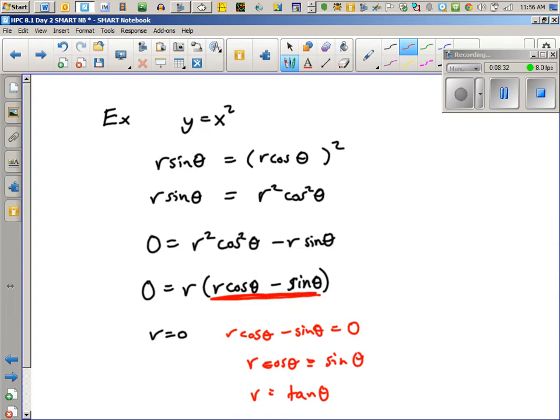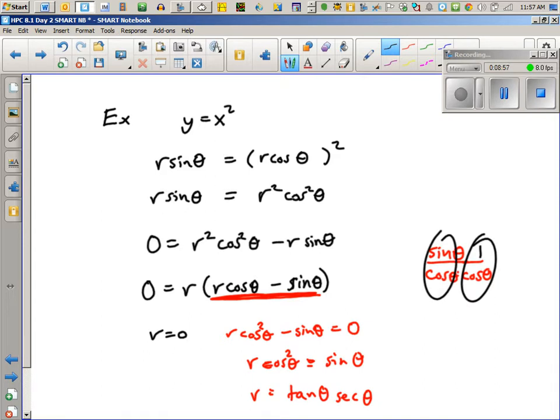I have no idea. You're right. This is a cosine squared, not a cosine, isn't it? So it's actually tangent secant. When you divide sine by cos squared, it's like dividing by cosine twice. So you get a tan from these two and a secant from that one. Okay, so you're right, it's tan sec.